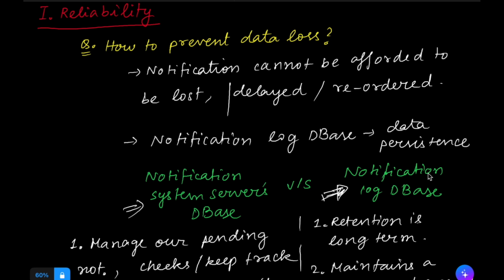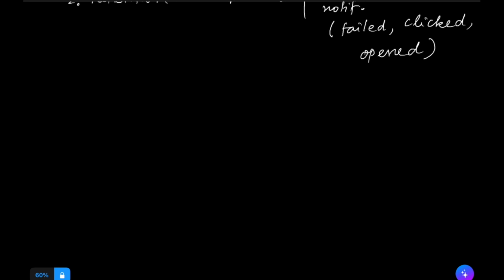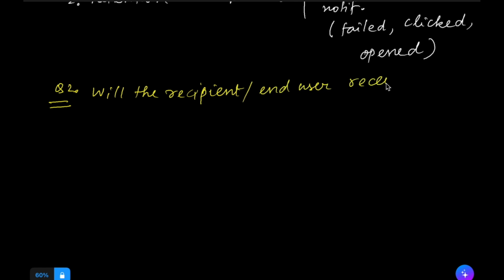The next question we will look into is: will the recipient, or the end user, receive the notification exactly once?